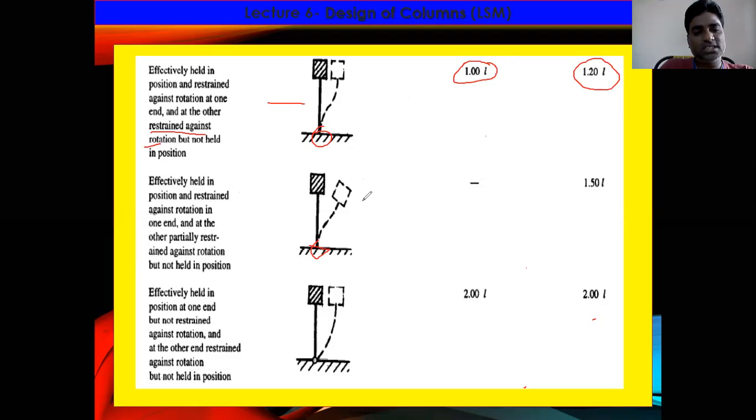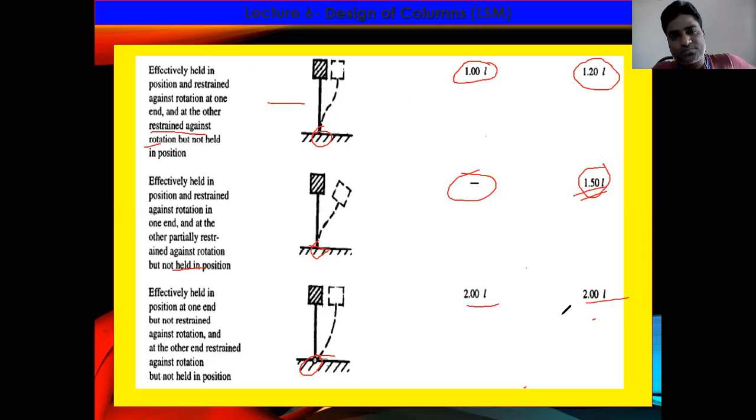In this case, nothing is determined by theoretical value, but the recommended value is 1.5 L. And for effectively held in position at one end but not restrained against rotation, that means this support becomes a hinge, and at the other end restrained against rotation but not held in position, the theoretical value is 2 L and the recommended value is also 2 L.